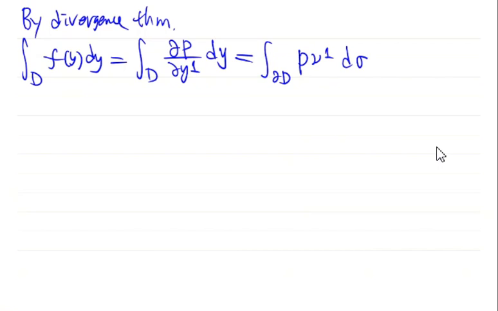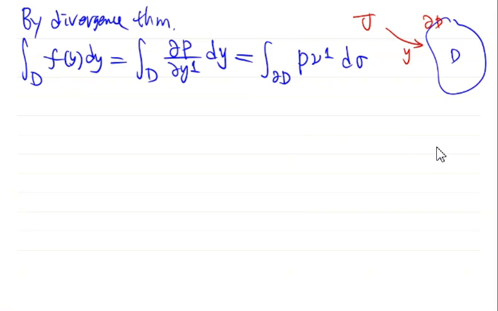But the boundary of D has a parametrization, that is our map y. Using the parametrization of the boundary of D, we can convert this surface integral over the boundary of D into an n-1 dimensional multiple integral over U.